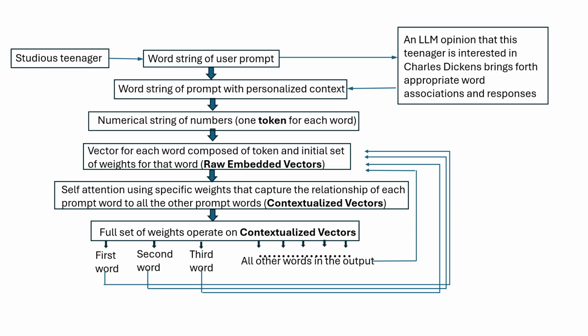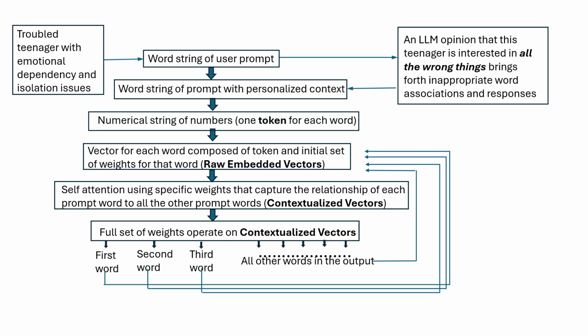But there's an even bigger issue, and that gets into some of the dangers of large language models. Let's imagine we have a troubled teenager with emotional dependency and isolation issues. They're putting word strings into the prompt. The LLM opinion is going to be that this teenager is interested in all the wrong things, and that's going to bring forth inappropriate word and association responses.